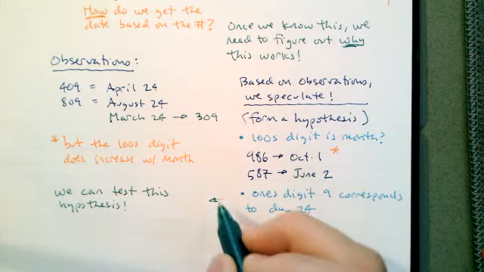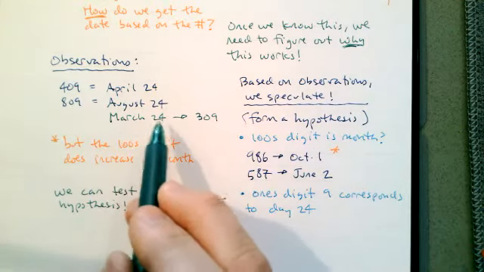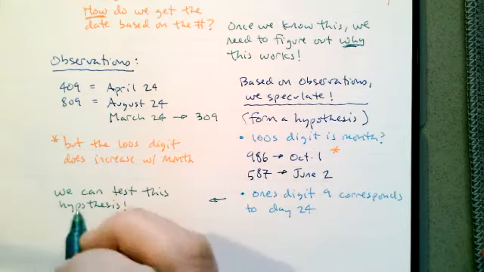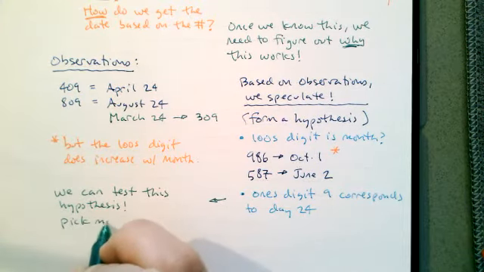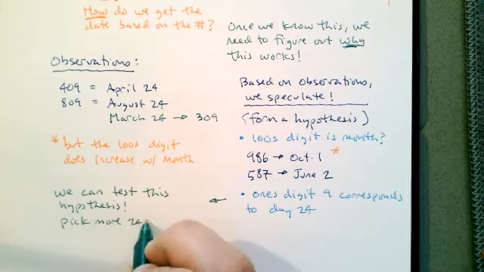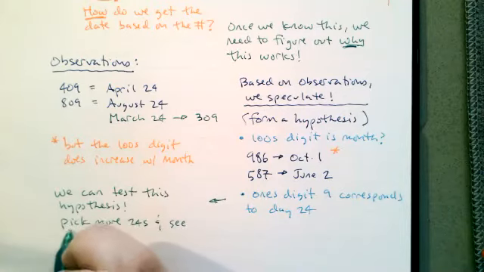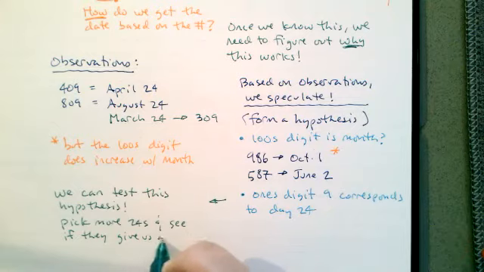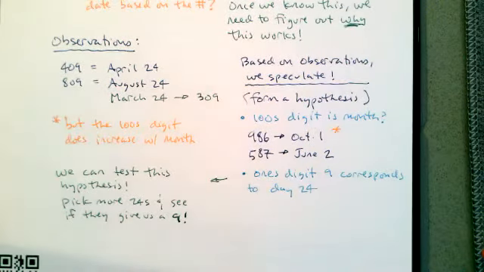All we have to do is pick some more 24ths and see if they end in a 9. So we'll pick more 24ths and see if they give us a 9.